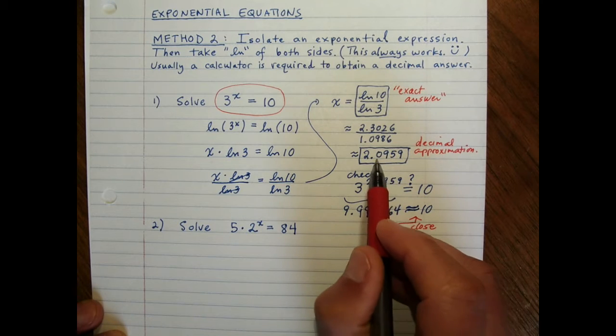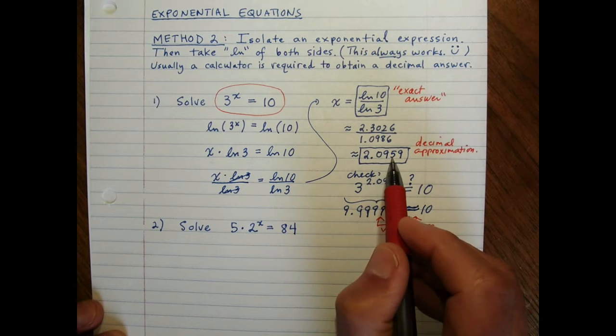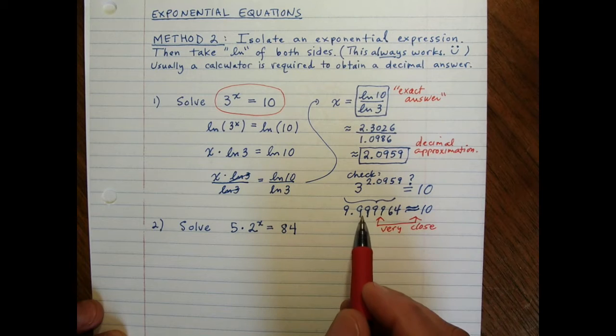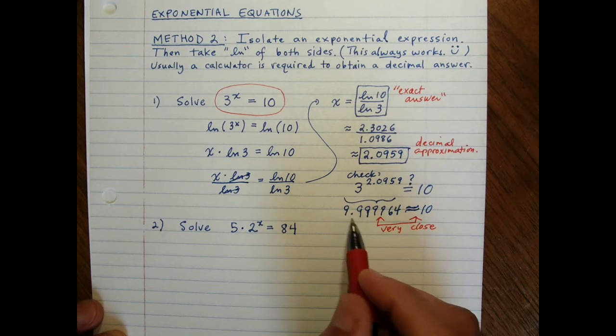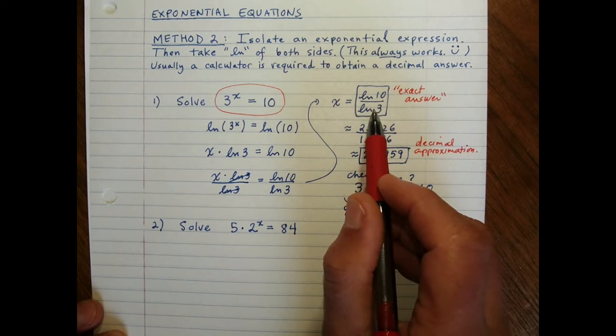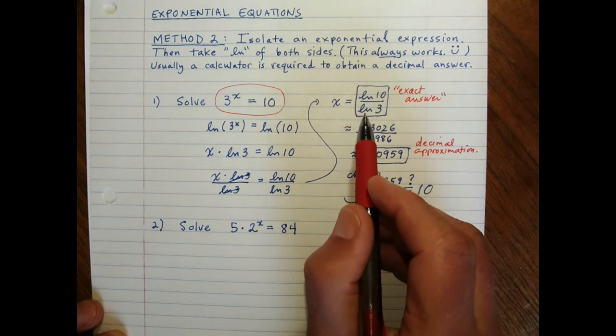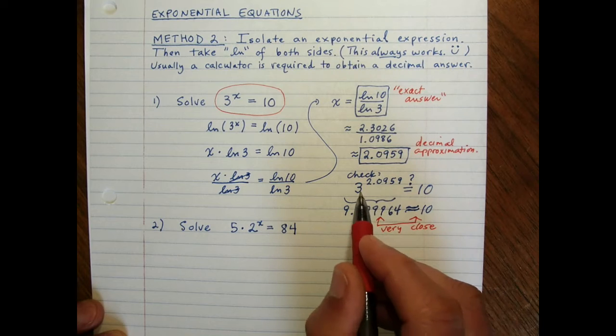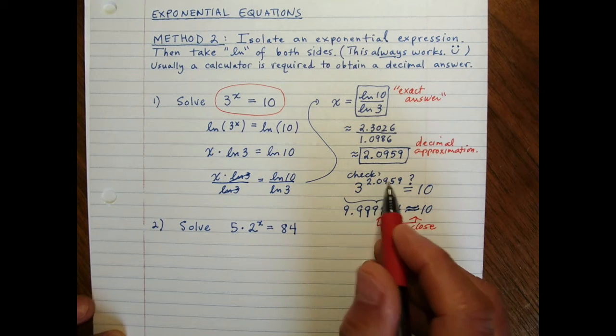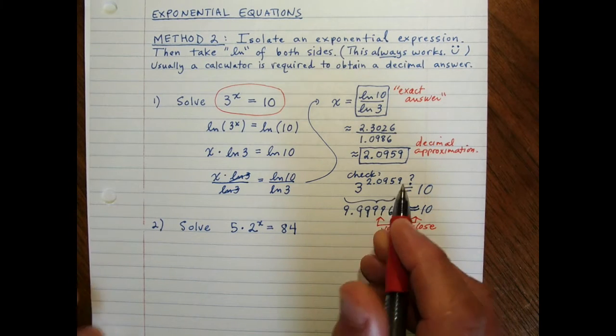Because I rounded off to get that number, when I plug back into the original equation, I'm going to get a rounded off value. If I had used my exact answer, ln of 10 over ln of 3, then I would get exactly 10 when I took 3 to that power.